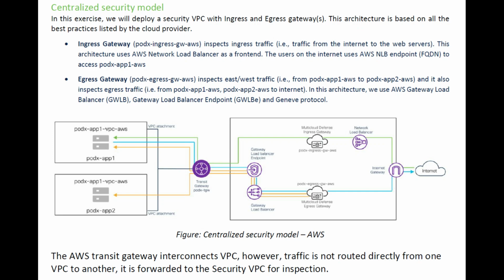In this architecture, we use AWS Gateway Load Balancer, Gateway Load Balancer Endpoint, and Geneve Protocol. Now, this is the centralized VPC model, and you're going to see how easy it is that all of this is taken care of with Cisco Multicloud Defense.